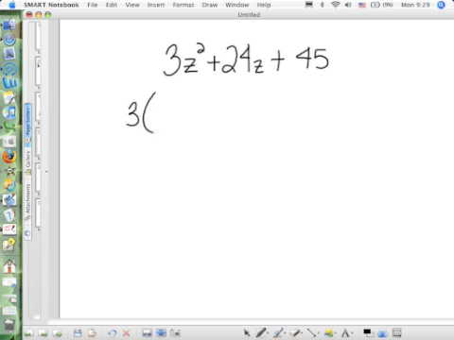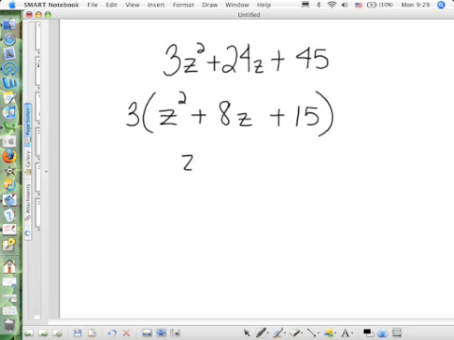Okay, we got to know our multiplication tables. Does 3 go into 24? Yes. Does 3 go into 45? Yes. 15 times. Okay, so we've got z squared plus 8z plus 15. All right, so 3 is a piece of my puzzle.